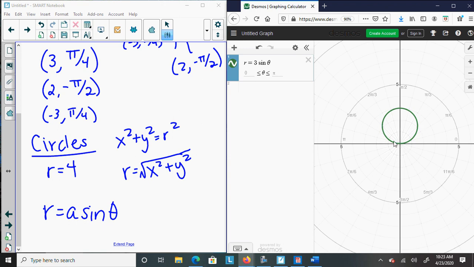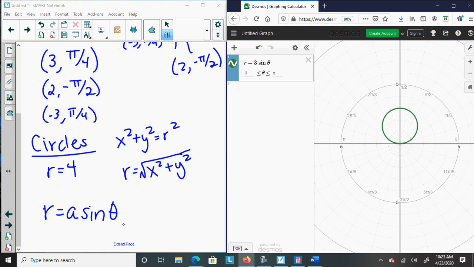If you look at this, our circle is reflective about the y-axis, which sine always goes with y. Okay, and its height is going from 0 to 3. So that's 3 things: 1, 2, 3. So if you want a circle that reflects on the y-axis, and you want to know a certain distance or how far it's going to be, all we have to do is a sine theta.